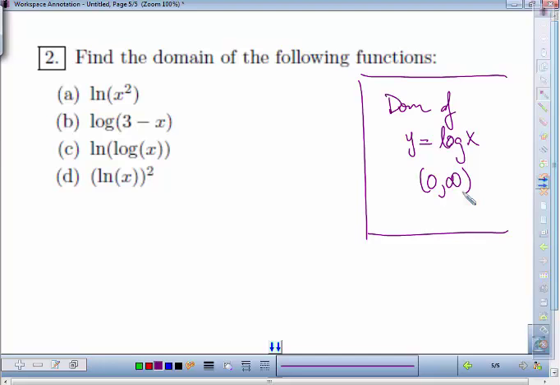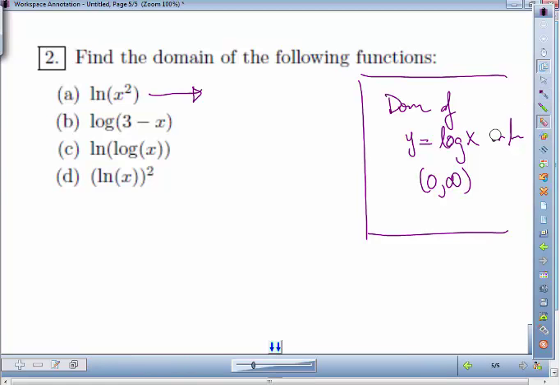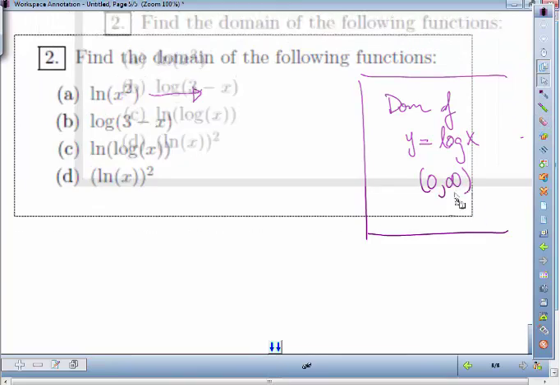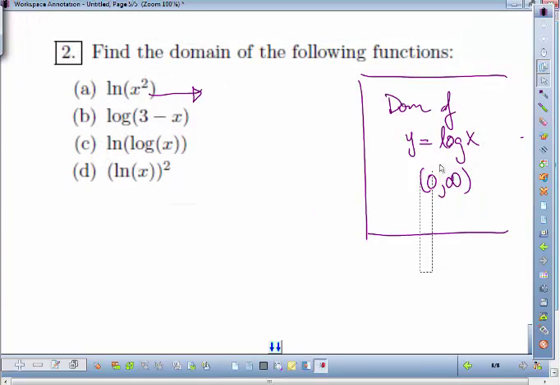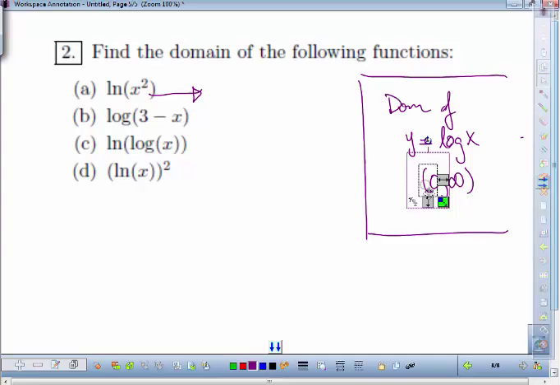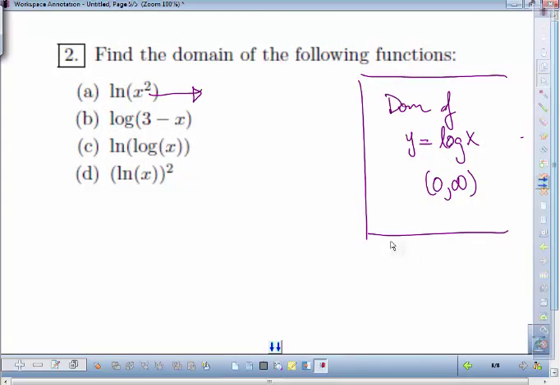So here he's asking us to find the domain of the following functions. What we want to do is figure out what x values we can put in so that in the log function you'll have no negative numbers. Log or ln, it's the same.